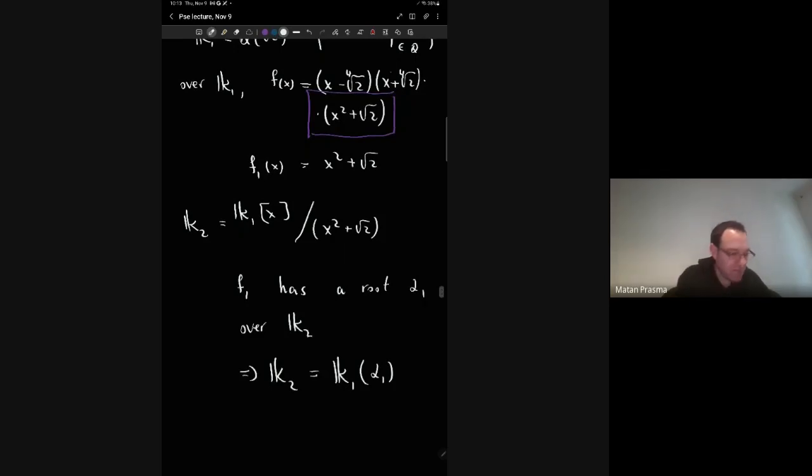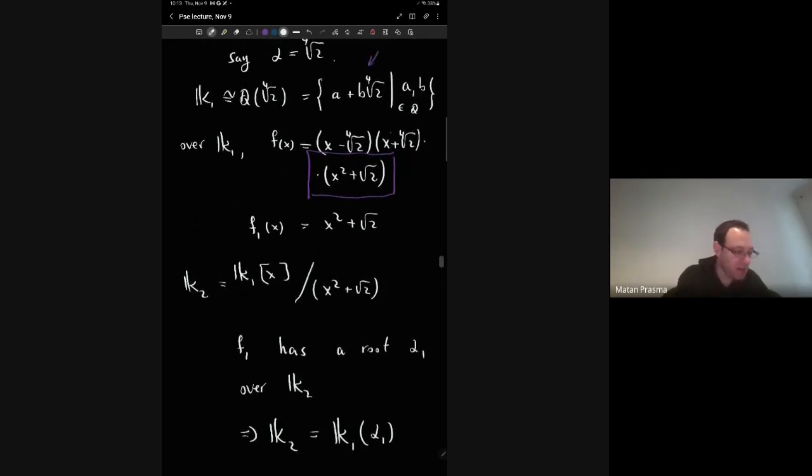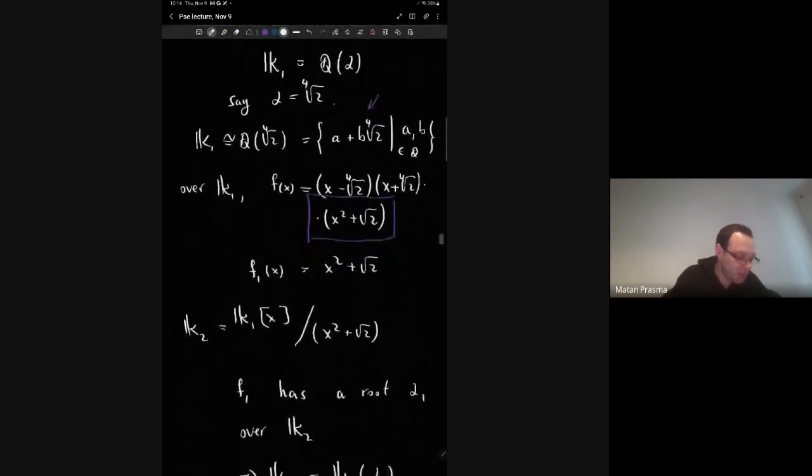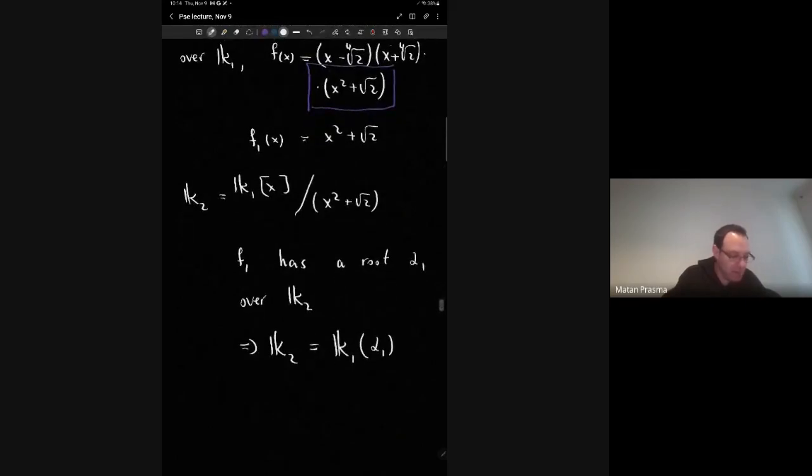Now, again, there is flexibility. Alpha 1 could be either plus or minus fourth root of 2 times i. But it doesn't matter, because the minimal field containing K1 and fourth root of 2 times i is the same as the minimal field containing K1 and fourth root of 2 times i times -1, right?